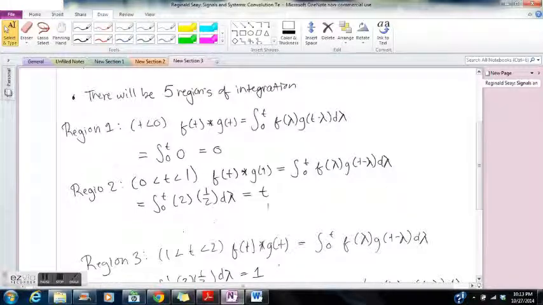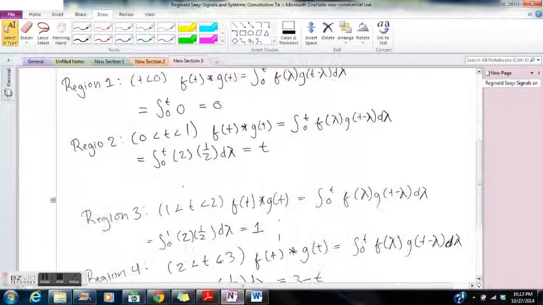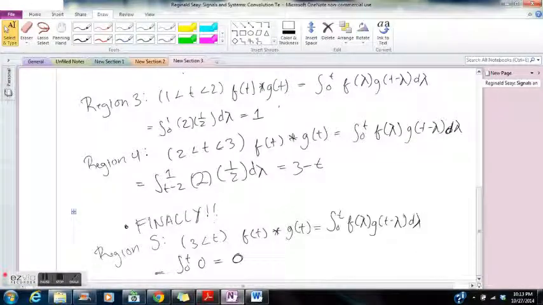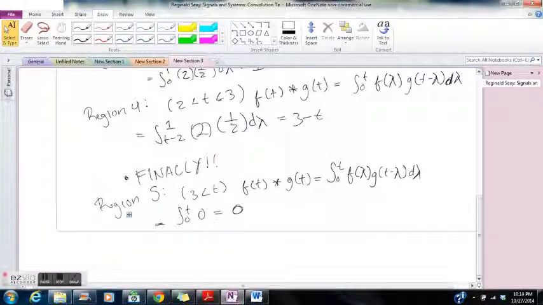And then the regions 2 and 3 show where it intersects, partially intersected and partially not intersected, and then fully intersected. And then our region 5 will show where it has finally intersected all the way through. So you have some shape that comes in, part of it intersects, all of it intersects, then you have a second half that's still intersecting, the right half that's out, and then you have the whole part that's out.